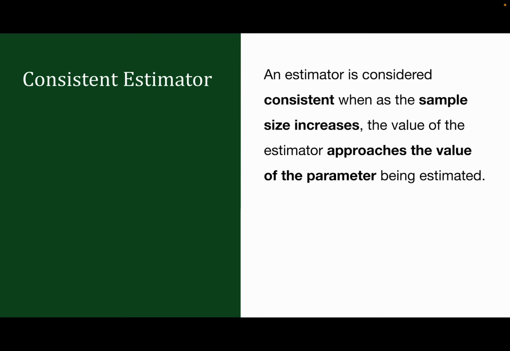So for example, if we are talking about the average height of US adult men, we know that that's 5'10". So I would expect that as I collect bigger and bigger samples, 1,000 people, 10,000 people, 100,000 people, the average height of that sample of US adult men should get closer and closer to 5'10" as my sample size gets bigger.